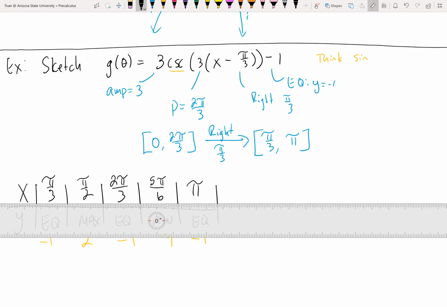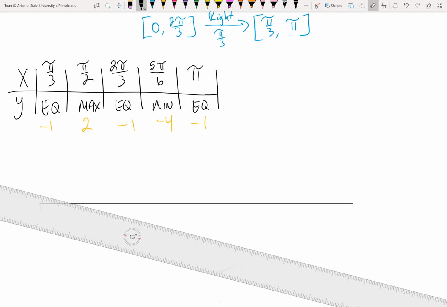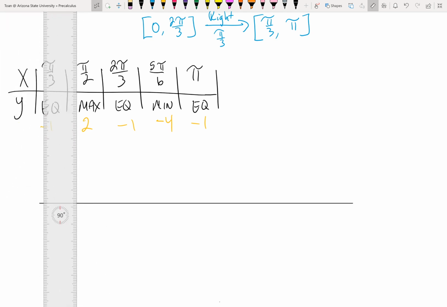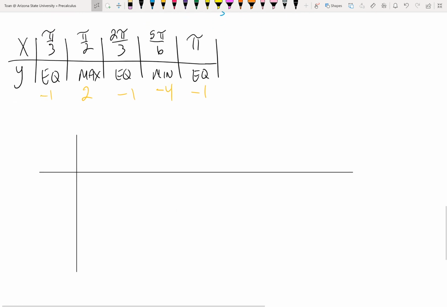We go ahead and graph it as if we were graphing a sine. We're going to pretend it's sine here. So I got positive x values, but pretty negative y values with some positive y values as well, but more negative. So let's call this pi thirds, approximating, pi halves, 2 pi thirds, 5 pi 6, pi.